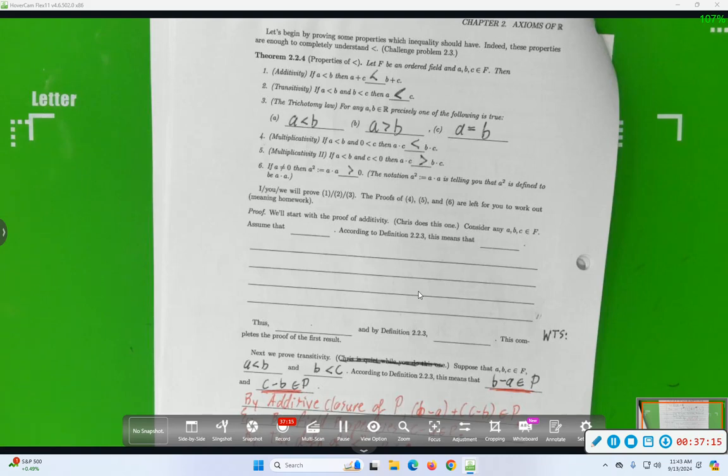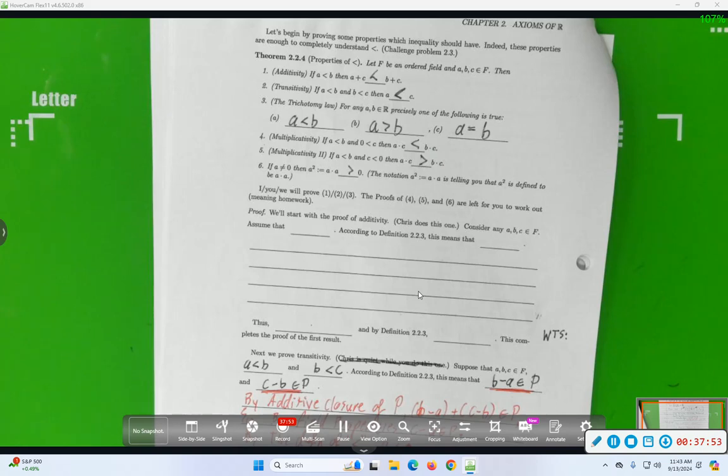I'm just wondering how you add C to both of these in your reverse order. How do you go from here to there? Distribute negatives, and C minus C. Awesome. That's what it is.